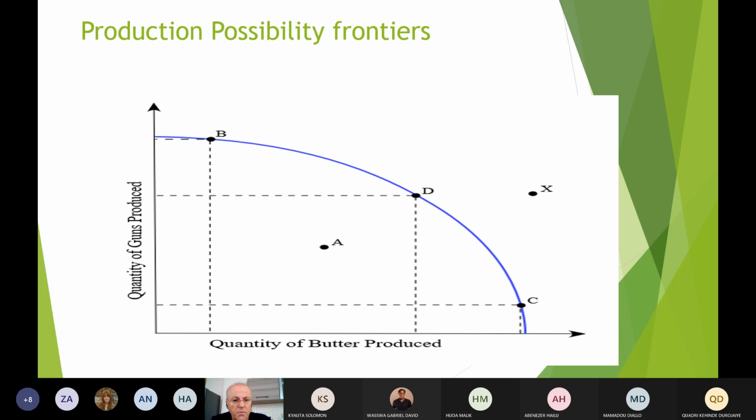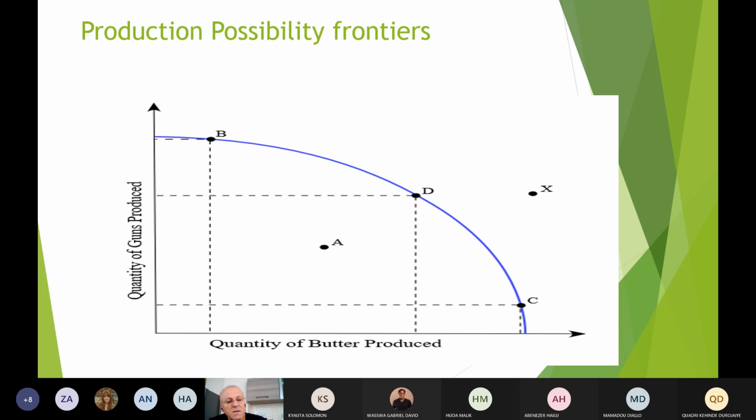And this production possibility frontier is the curve that shows the production capacity of any producer or any country. Here we are in microeconomics, and we are concentrating on the activities of individuals or firms. For this reason, we are exercising the production possibility frontiers for some producers.